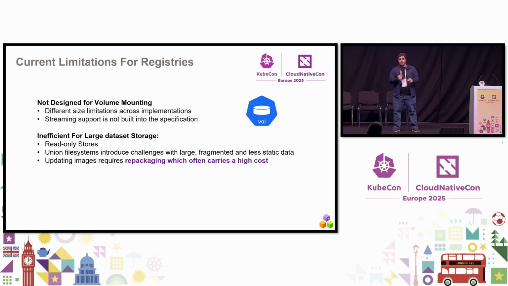The other thing is that there are some limitations when it comes to how we store the data inside of images that go into registries. OCI registries tend to store information using an overlay file system, which is a union file system that basically creates new layers every time you modify the data.